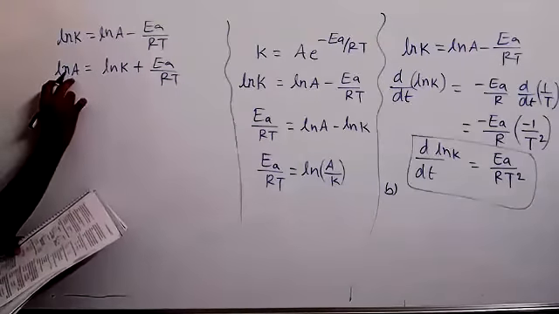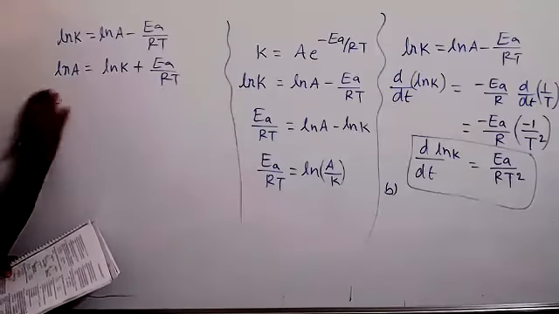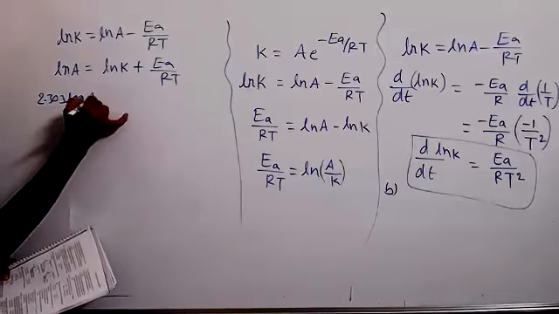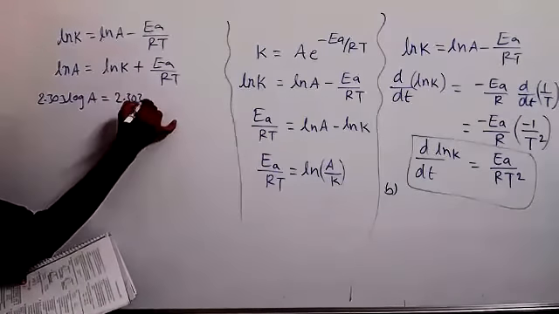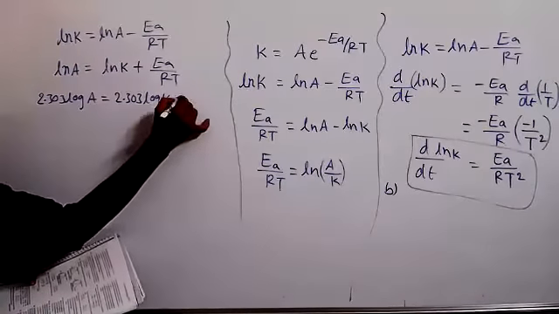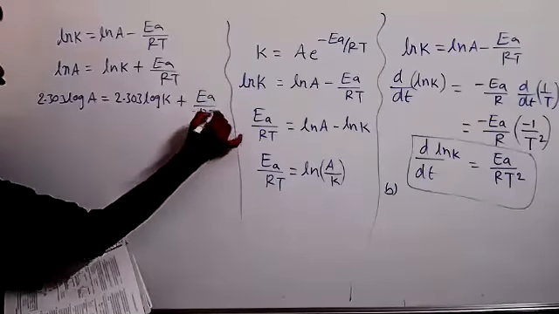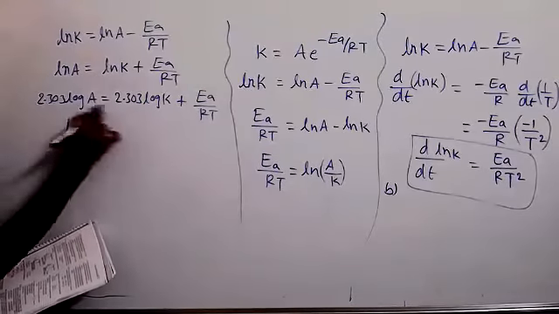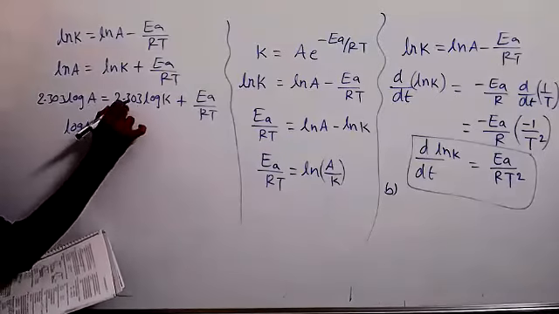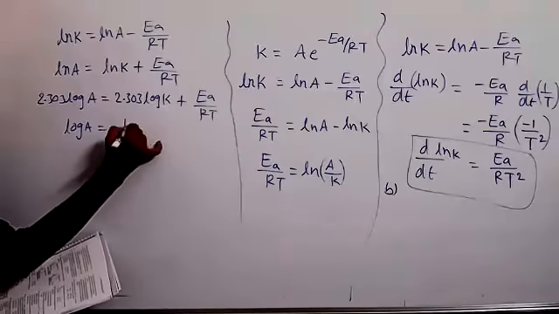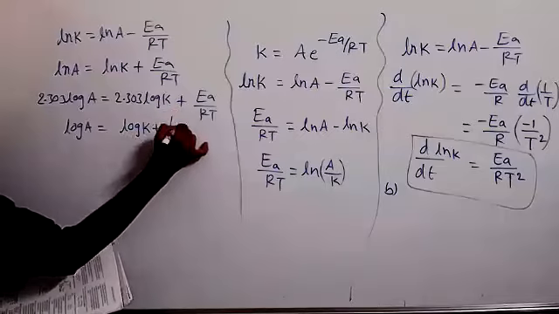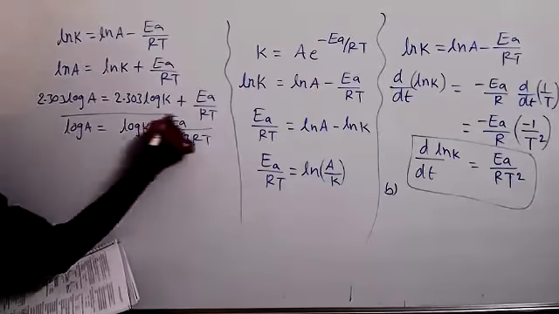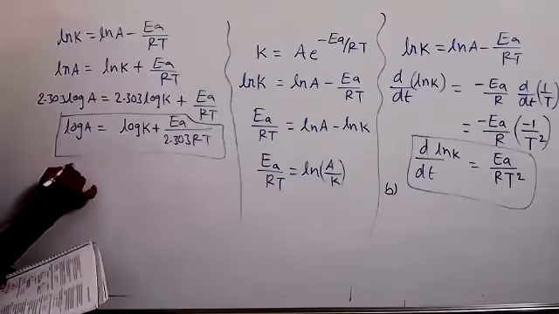Convert this into log form: 2.303 log A equal to 2.303 log K plus Ea by RT. Now we want only log A, so 2.303 comes down, and 2.303 cancels. Only log K is left, but here comes Ea by 2.303 RT.